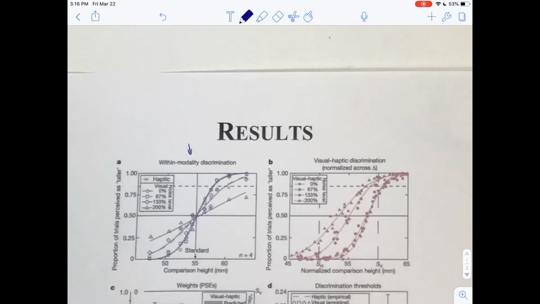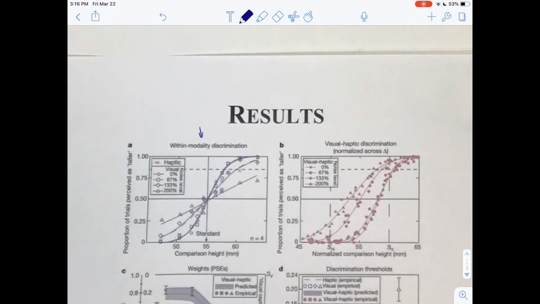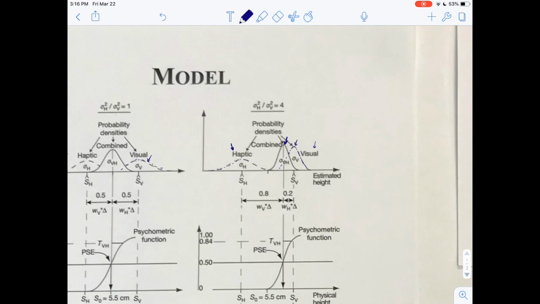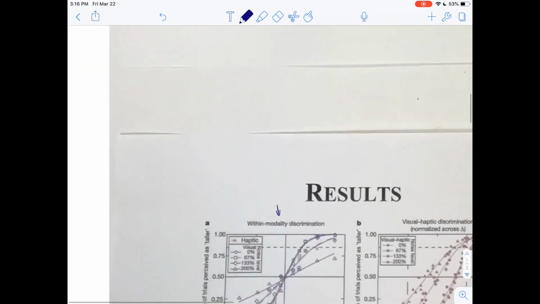These are the results of the vision only experiment and touch only experiment. These are the psychometric plots. You fit a cumulative Gaussian to each of these plots to get the properties of that specific Gaussian.